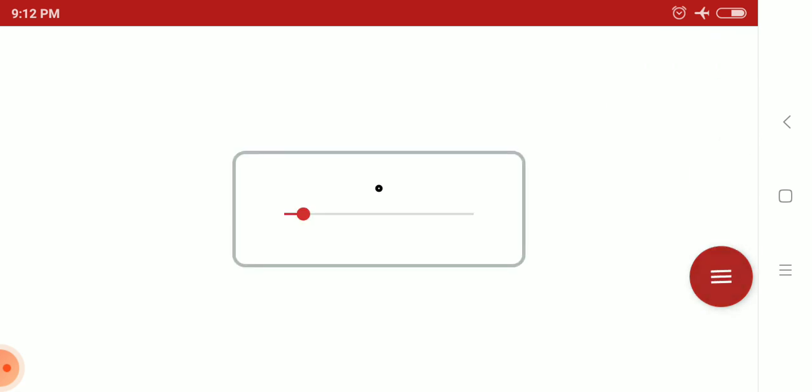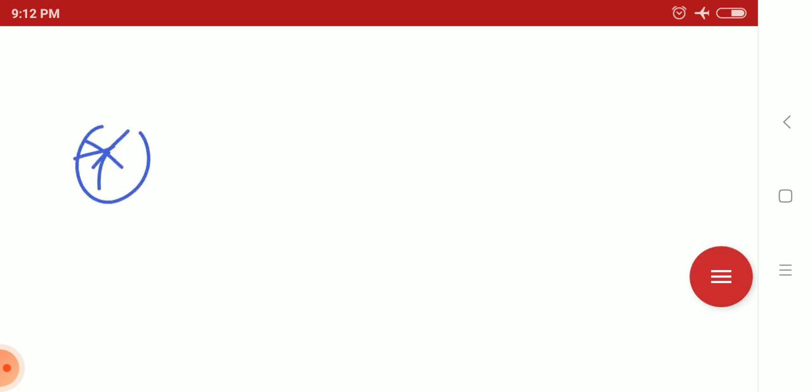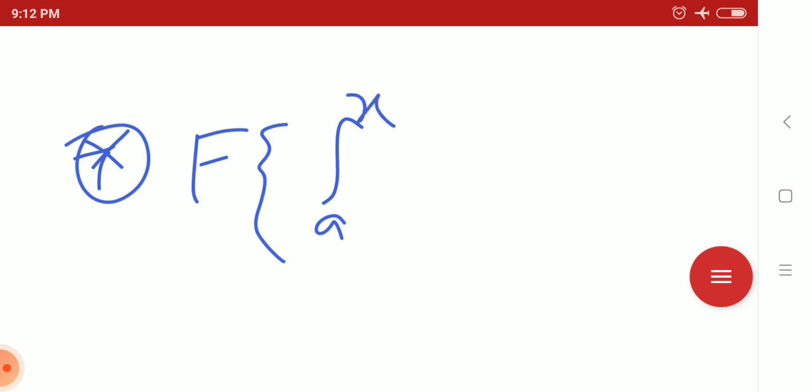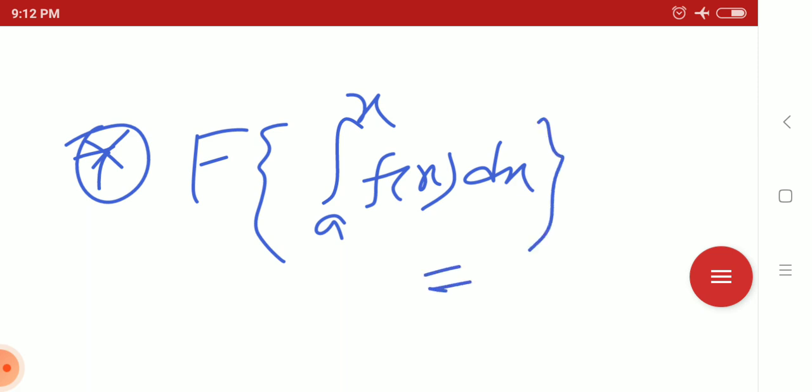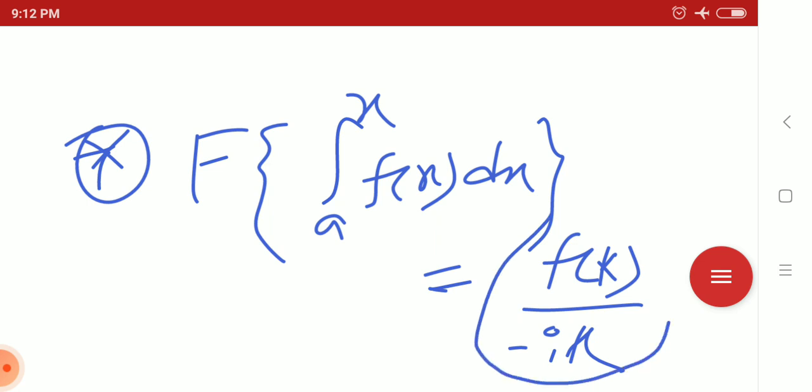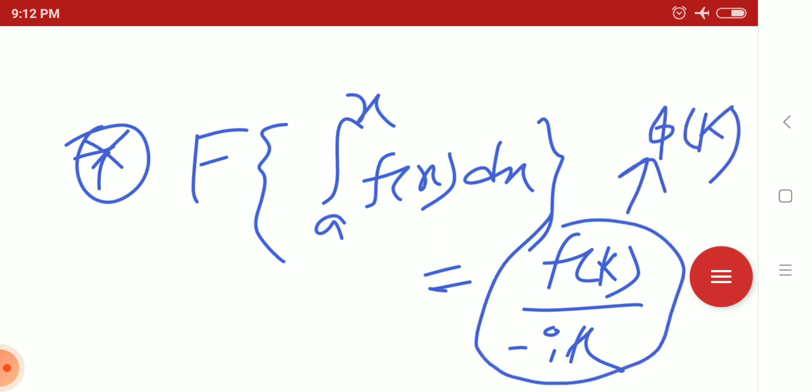Similarly, from this property we can write another property: Fourier transformation of integration a to x f of x dx will be written as f of k by minus iota k. This function is known as phi of k. This is another important property that we are now discussing.